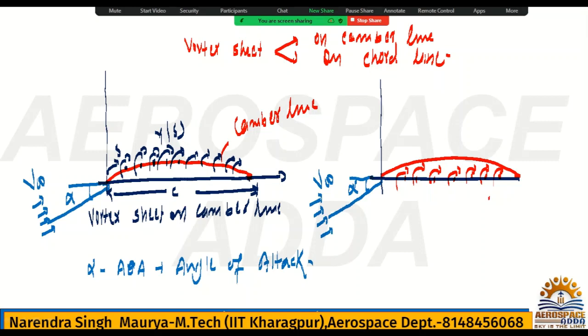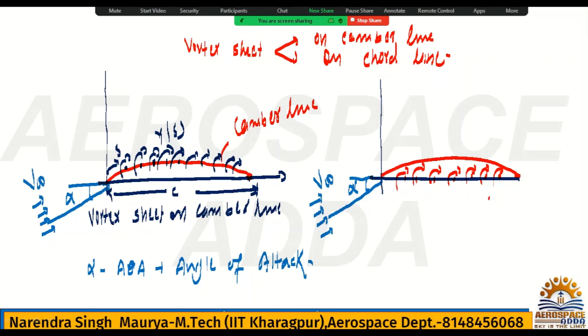So what is the equation of thin airfoil theory? Okay, so here we have the derivation, but what very good conclusion did we get? We got two components of the velocity.